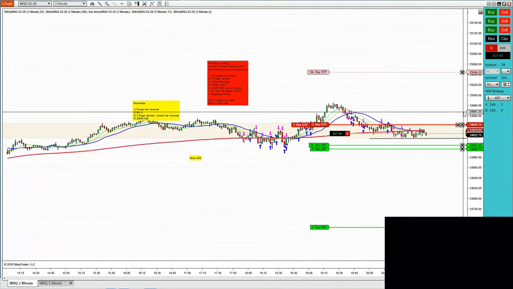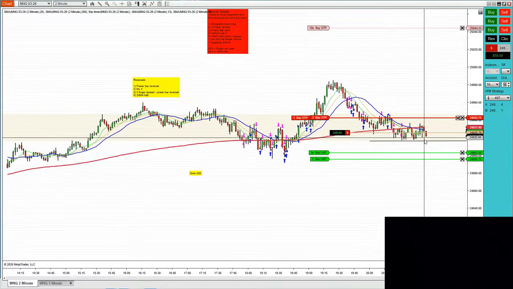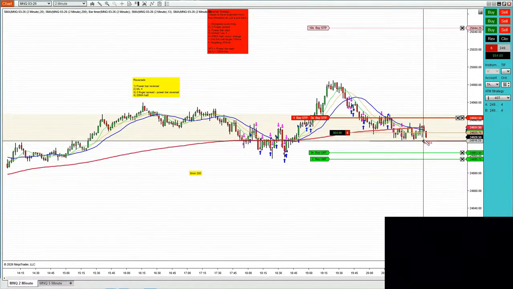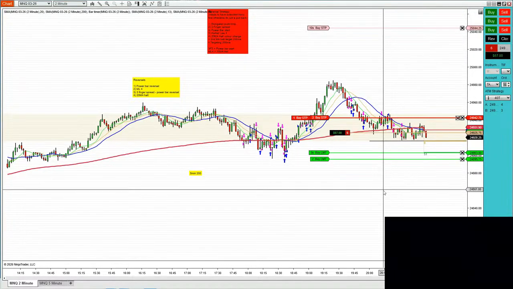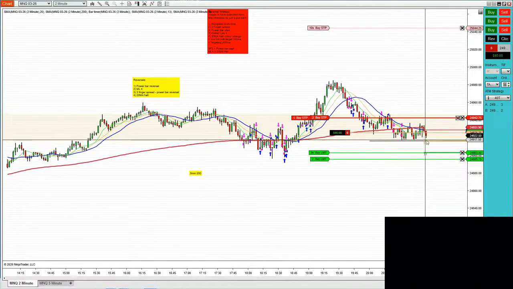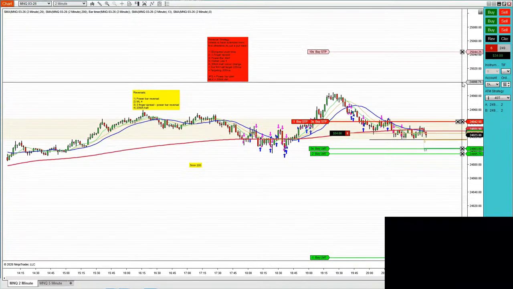So let's see what our 2-minute looks like. So we're going to get that strong close that I was hoping. If we get a really, really strong close down there, then that would be perfect.